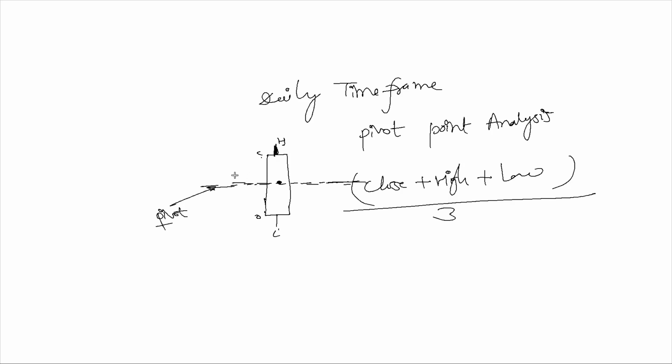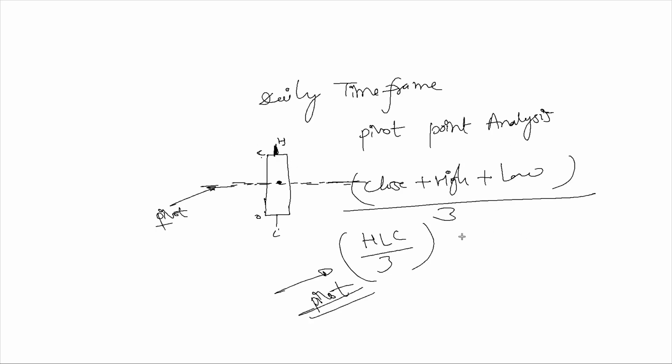I'll explain how we calculate that, but first, what we do is take close, high, low. Okay, HLC by 3. So this is our pivot.